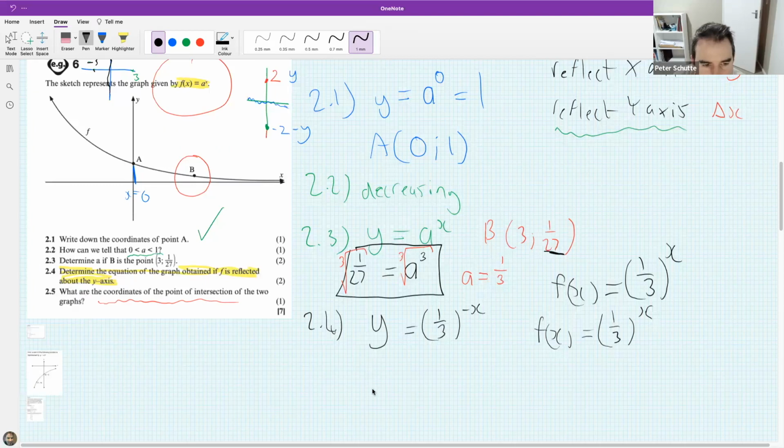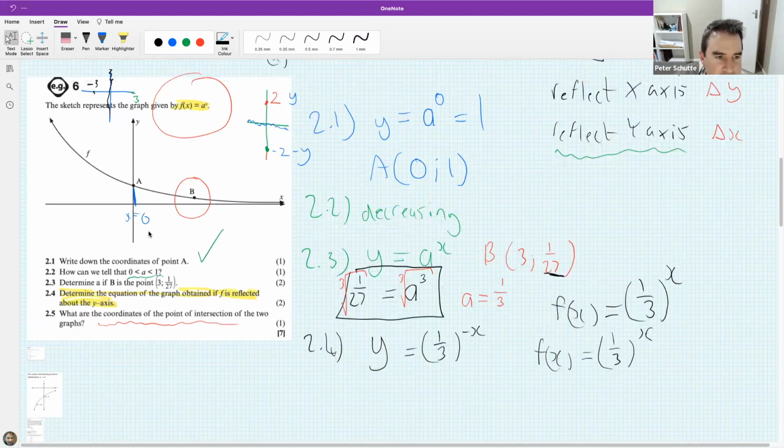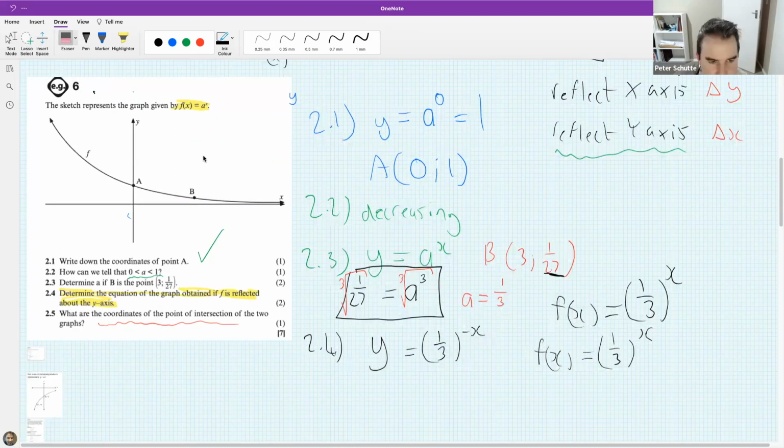So we can see this here, right? Maybe we should look at the picture and maybe it can help us. We are reflecting over the y-axis. So the y-axis was this one here.